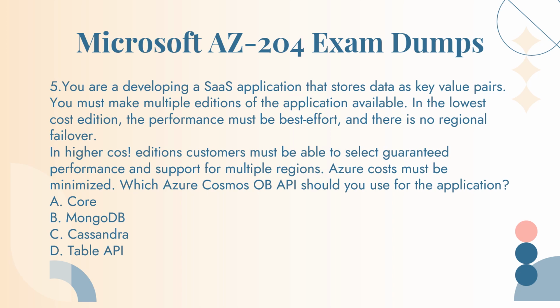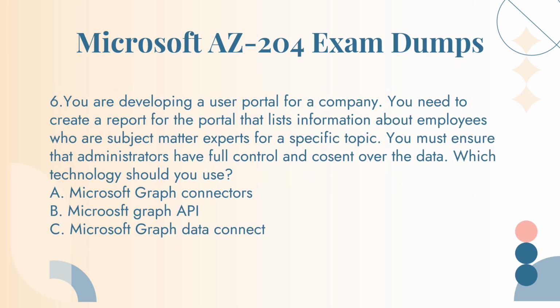In higher cost editions, customers must be able to select guaranteed performance and support for multiple regions. Azure costs must be minimized. Which Azure Cosmos DB API should you use for the application? A. Core. B. MongoDB. C. Cassandra. D. Table API.